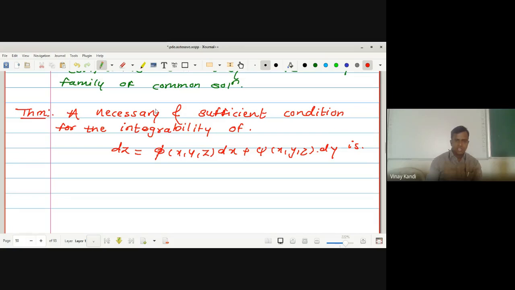Okay, the necessary and sufficient condition for the integrability of this differential equation is: the bracket [f, g] is equal to the Jacobian of f, g with respect to x, p, plus p times the Jacobian of f, g with respect to z, p, plus the Jacobian of f, g with respect to y, q, plus q times the Jacobian of f, g with respect to z, q.